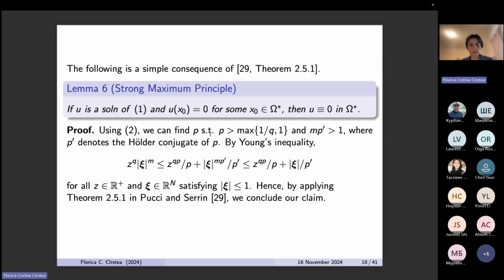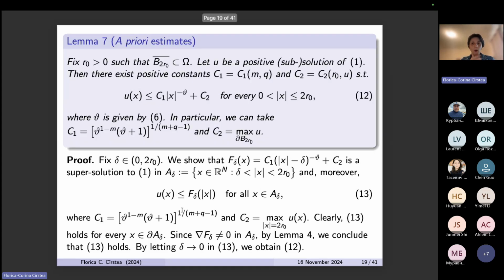You can find p with such a property. p' is the Hölder conjugate of p. You apply Young's inequality, and then you can apply Theorem 2.5.1 in Pucci-Serrin. So you can apply the strong maximum principle in Pucci-Serrin. So it's not difficult to prove that the strong maximum principle holds.